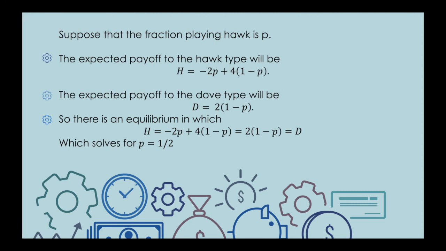And if H is less than D, we would expect to see the number of dove types increase.